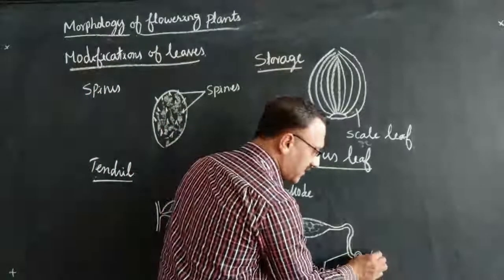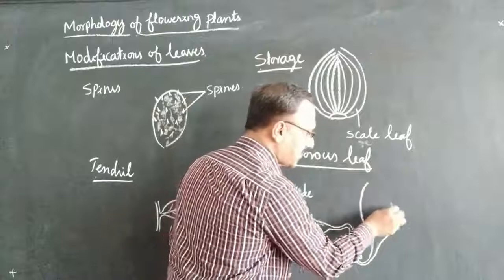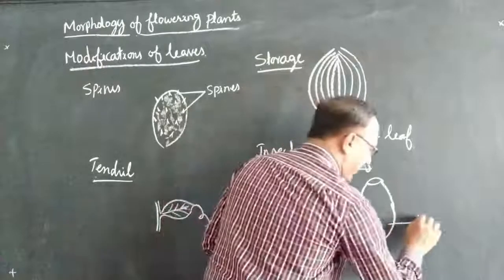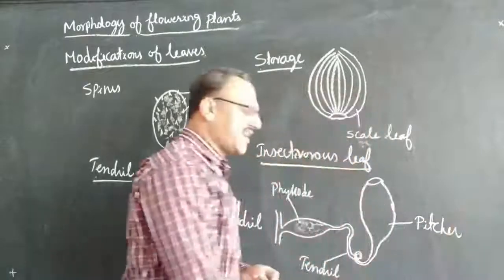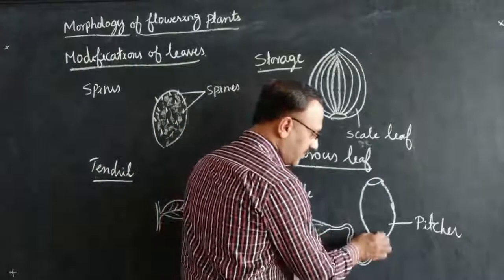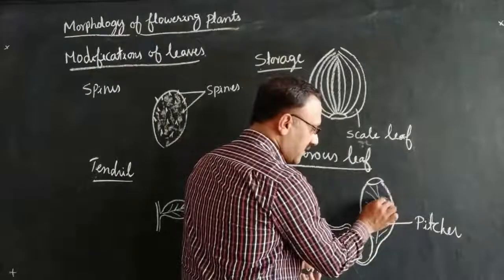Then, followed by the tendril, there is a flat cup-like or pouch-like structure called the pitcher, which is the modified form of lamina, and which shows the veins over it.